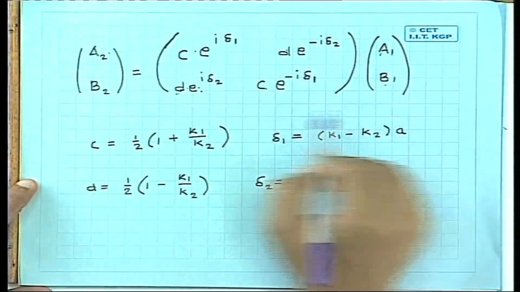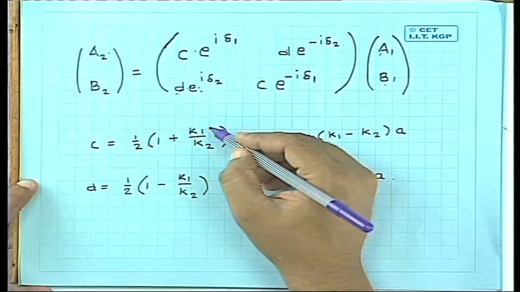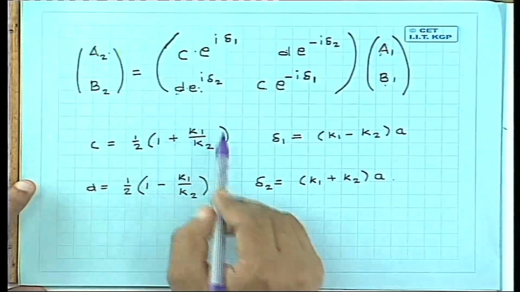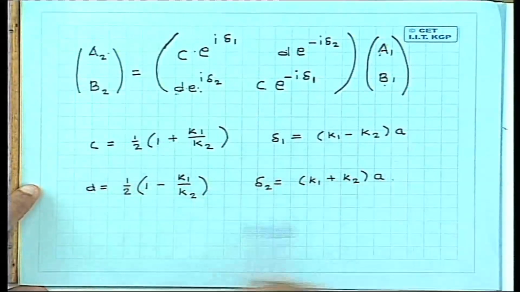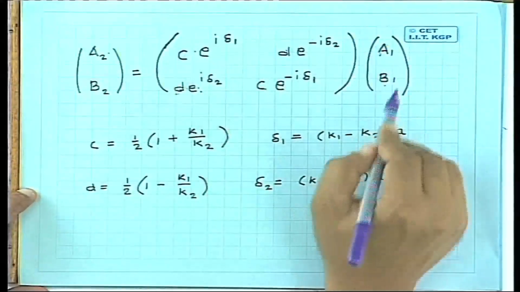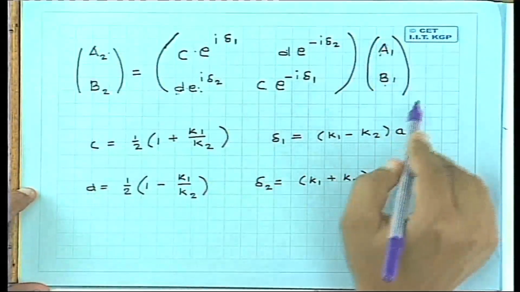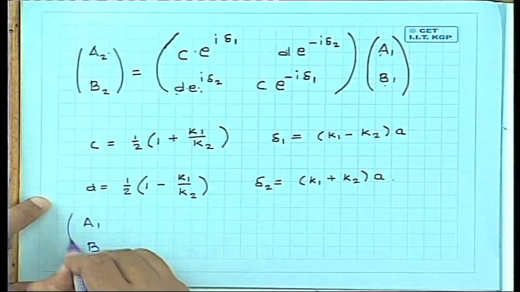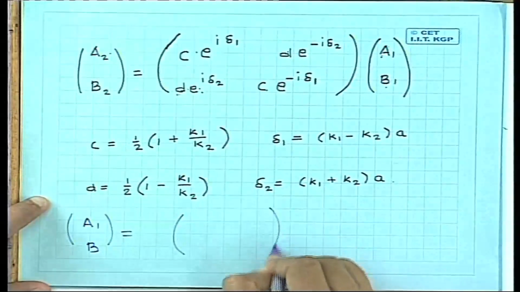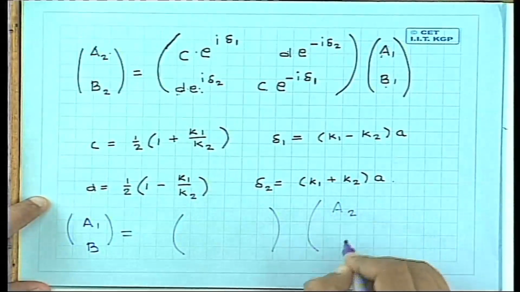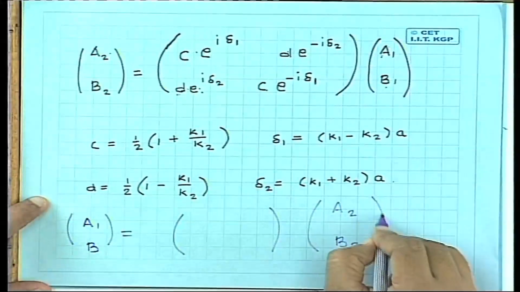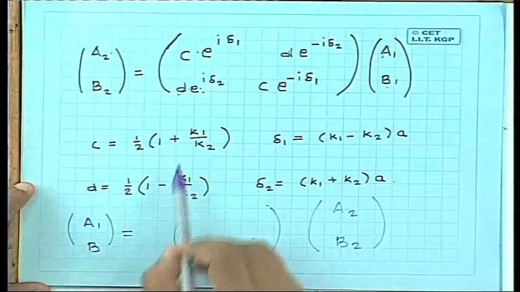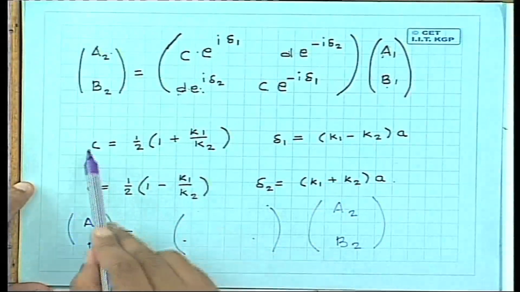Here we want to express A1 and B1 in terms of A2 and B2. This can be easily obtained from the earlier relation by just replacing k1 by k2 and k2 by k1 throughout. So we can use this same kind of relation to relate A1, B1, written in terms of A2, B2, and the coefficients here can be obtained by just replacing k1 by k2 and k2 by k1 throughout.